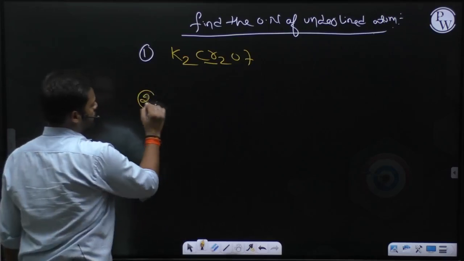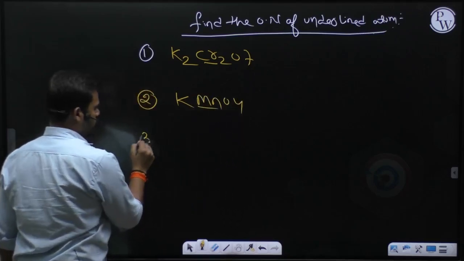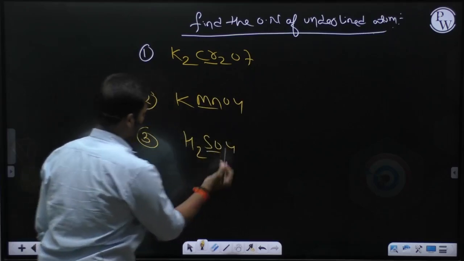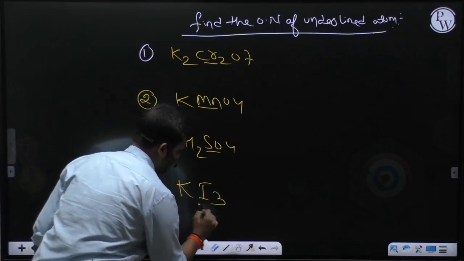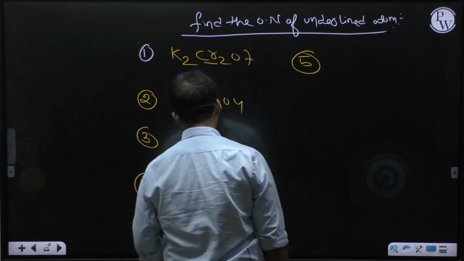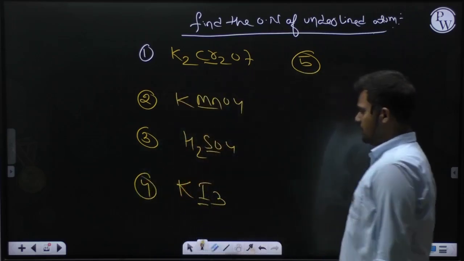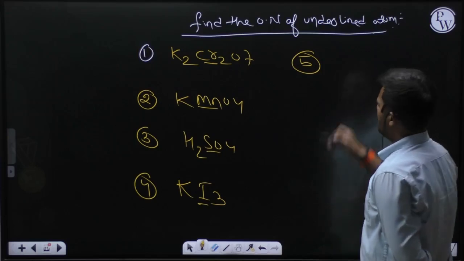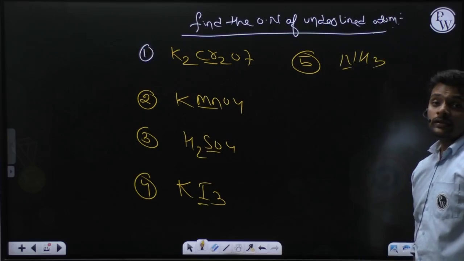You also need to find the oxidation number of manganese in KMnO4. You need to find the oxidation number of sulfur in H2SO4. You also need to find the oxidation number of iodine in KI3, and of other compounds, let's say NH3: what is the oxidation number of nitrogen in ammonia?